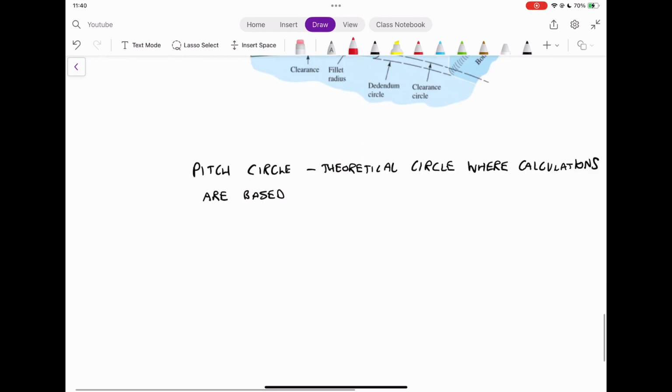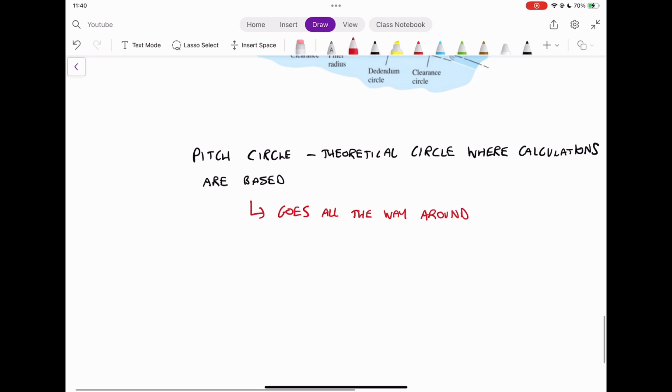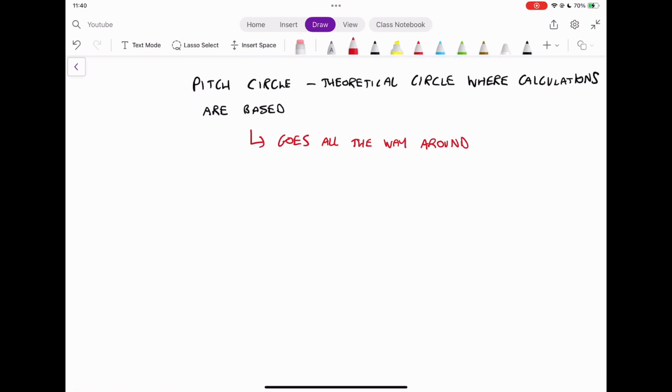It's not on the bottom land or on the top land of the gear. It's a circle that's used for geometry.